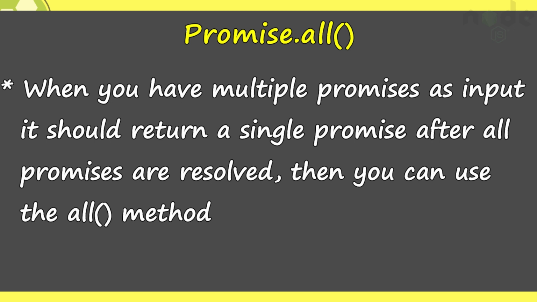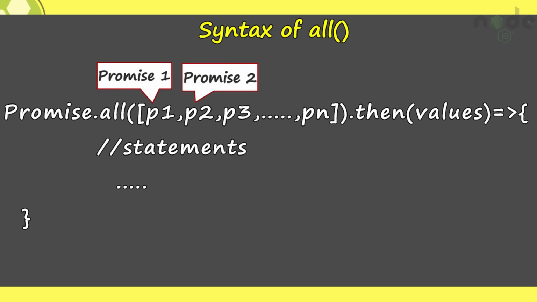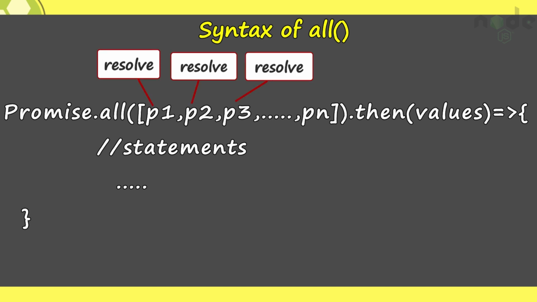The purpose is, when you have multiple promises as input, it should return a single promise after all promises are resolved. Then you can use the all method. You have promise 1, promise 2, maybe a few more processes, and each promise gets resolved and is passed as a parameter in the all method.